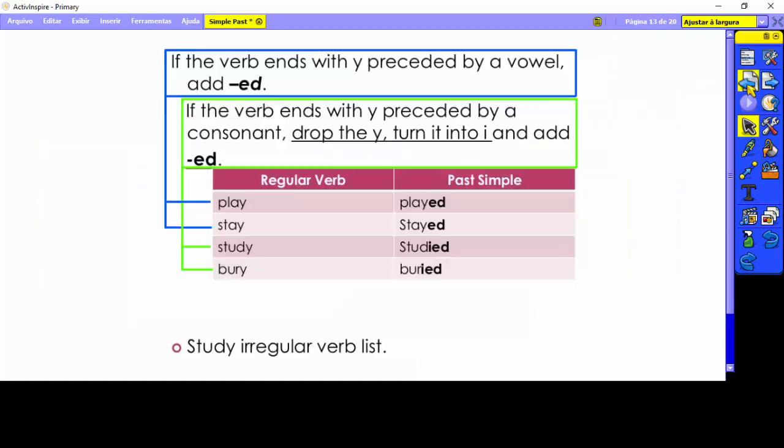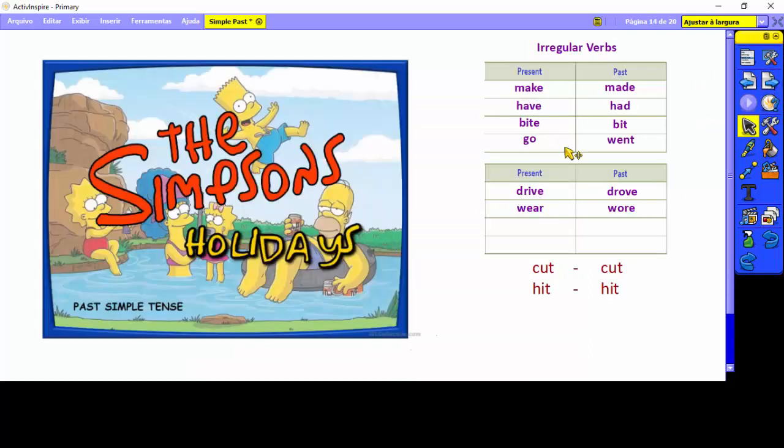Unlike the regular verbs where you add ed at the end, irregular verbs change a lot. All right? Sometimes they do not change whatsoever. For example, cut, present, cut, past. Those are irregular verbs as well.